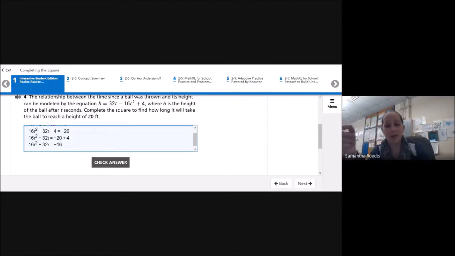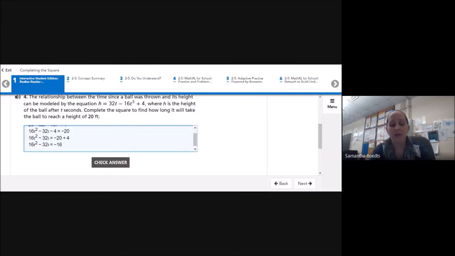Now, the other thing is this 16t squared, that's not normally what I use in order to complete the square. So I actually need to divide the entire equation by 16 because I need 1 to be my coefficient for t squared.